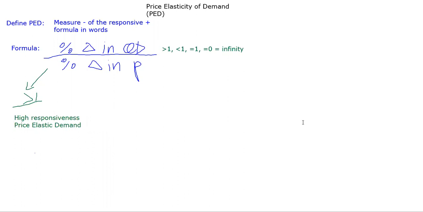And why is that? As I just said, if you want to have a value of greater than 1, the numerator should be greater than the denominator. So something like 10% change over 5% change, something of that sort.